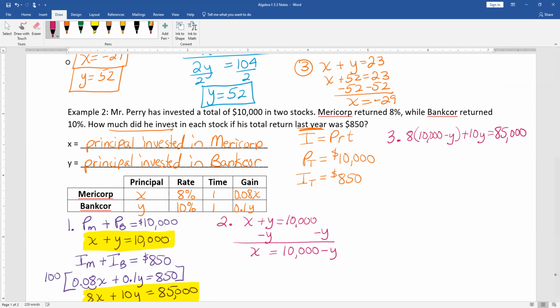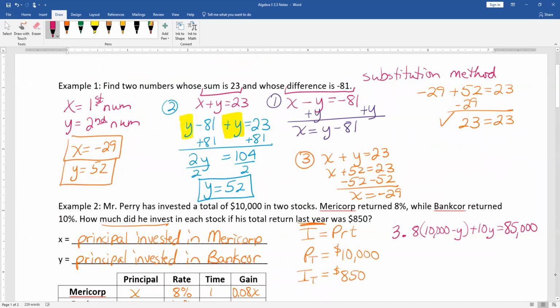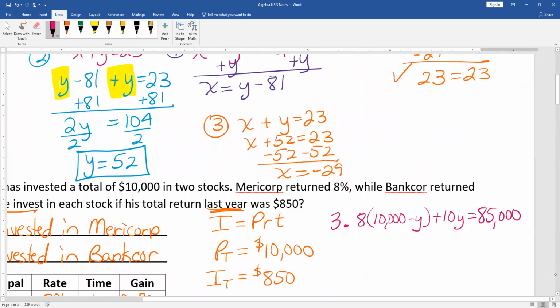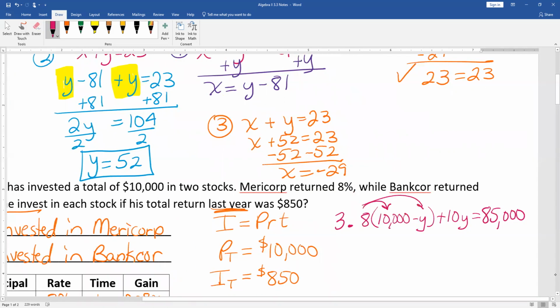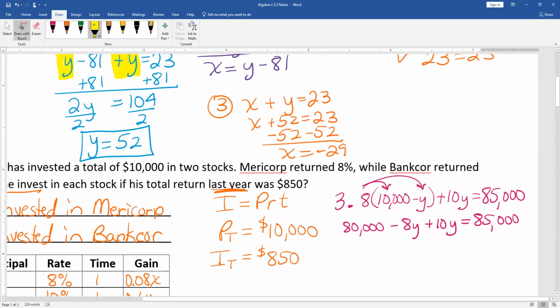Okay, now we can distribute. So when I distribute the 8 into both of these, I get 80,000 minus 8y plus 10y equals 85,000. Again, I'm going to do 2 parts at once.